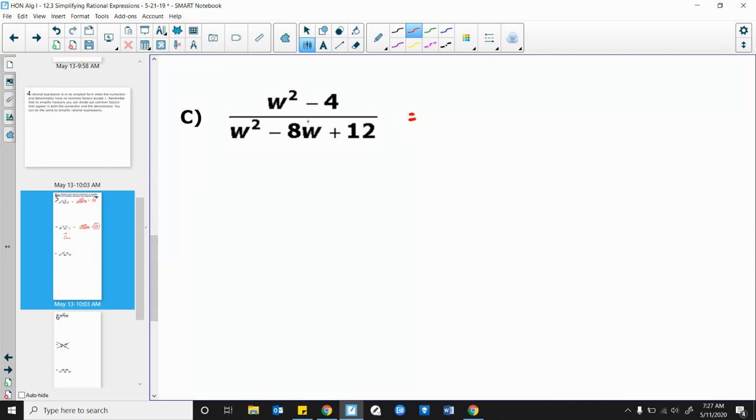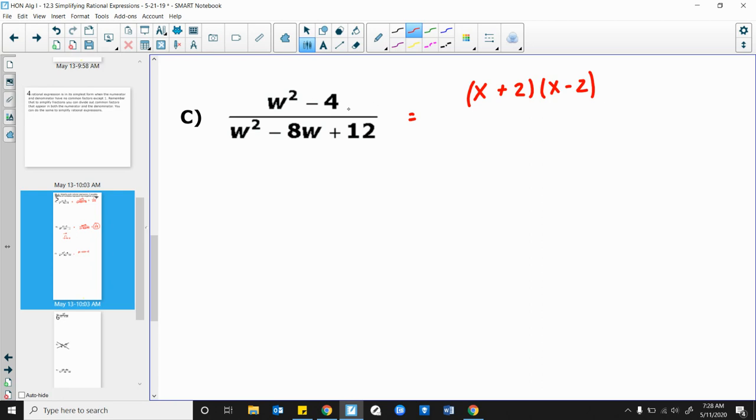Now, this time we can factor both of these. I can factor the top and I can factor the bottom. W squared minus 4. Okay, break out the cobwebs for a little bit. That's a difference of squares. W squared is a perfect square. 4 is a perfect square. So when I factor that, it's w plus 2 and w minus 2.